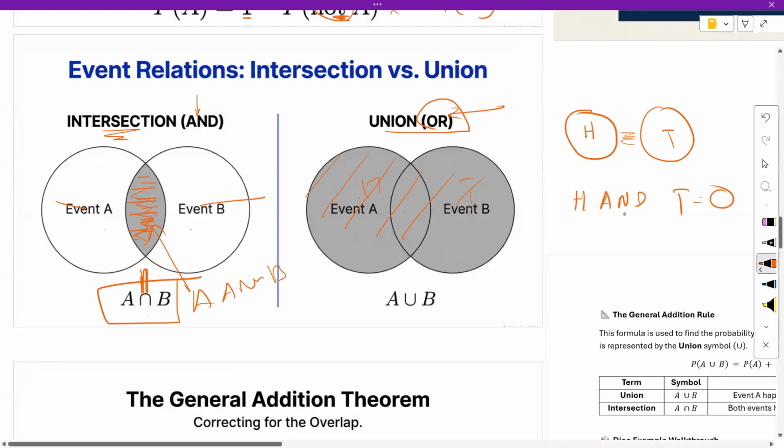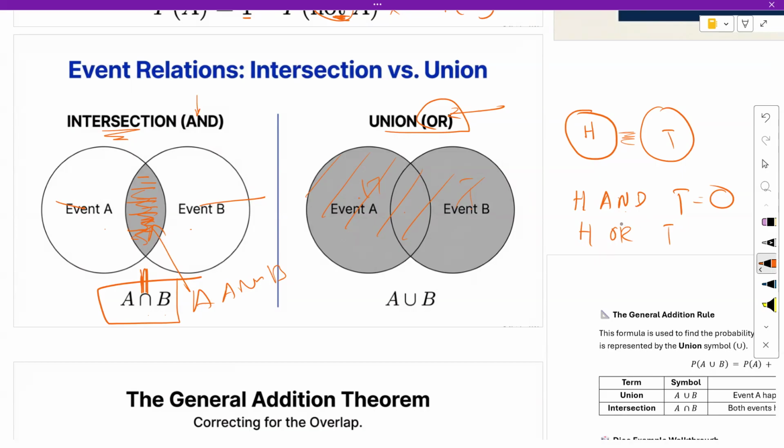If anybody asks what's the probability of getting head or tail when we toss a coin? If you get head, you win. If you get tail, you also win.